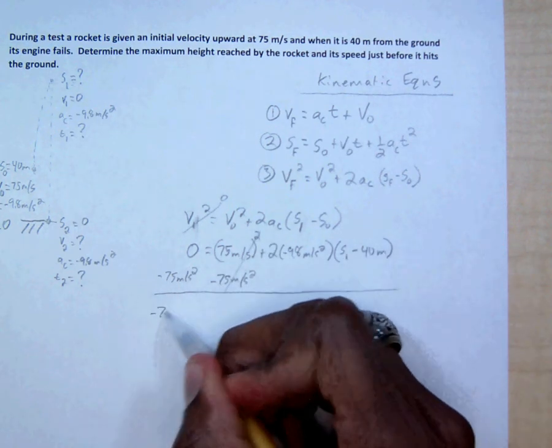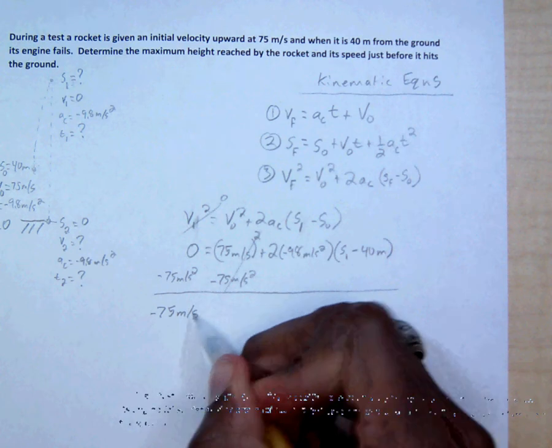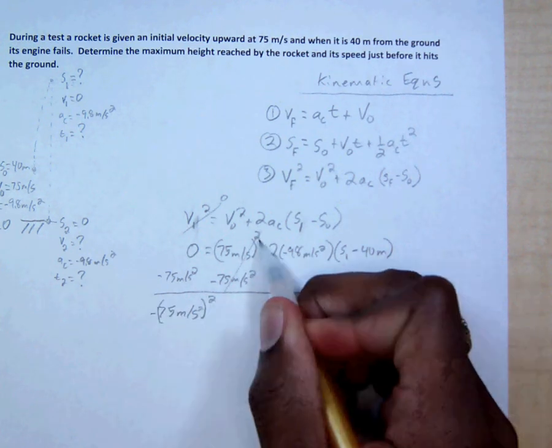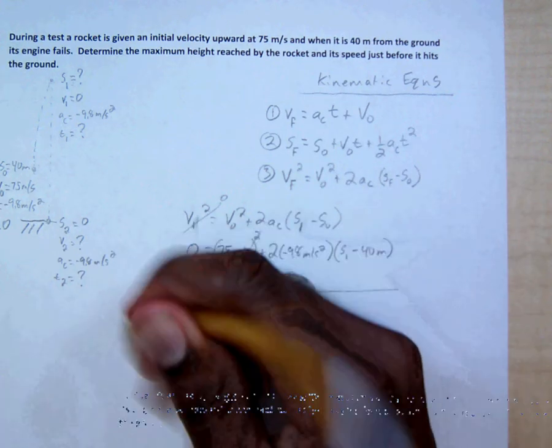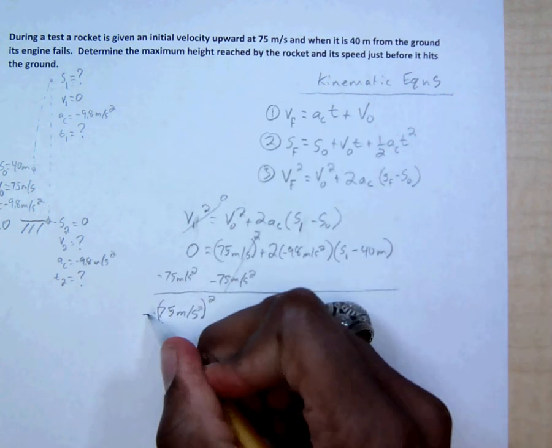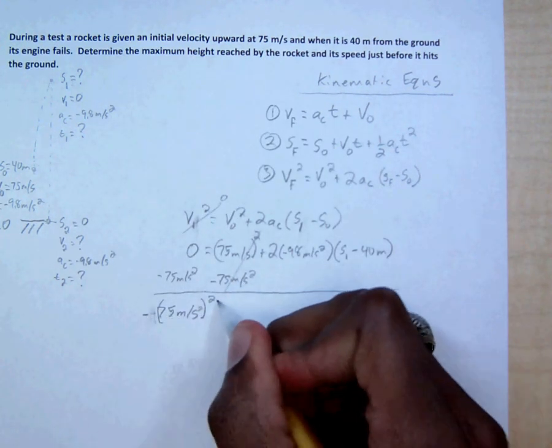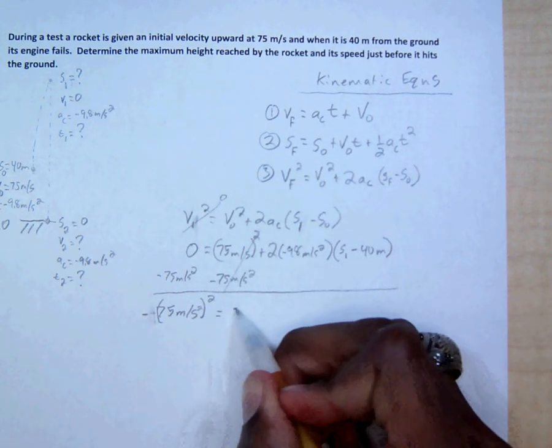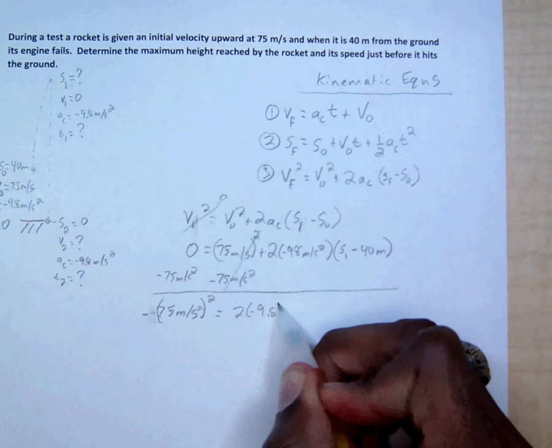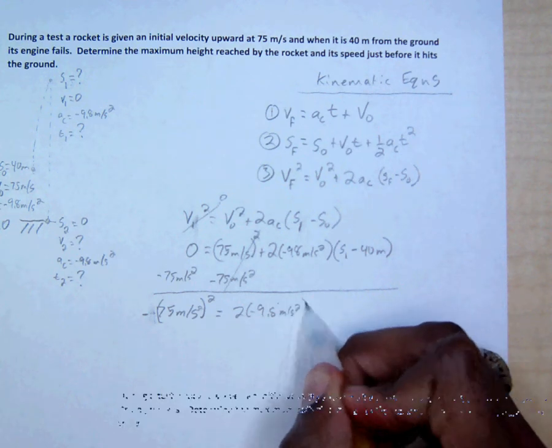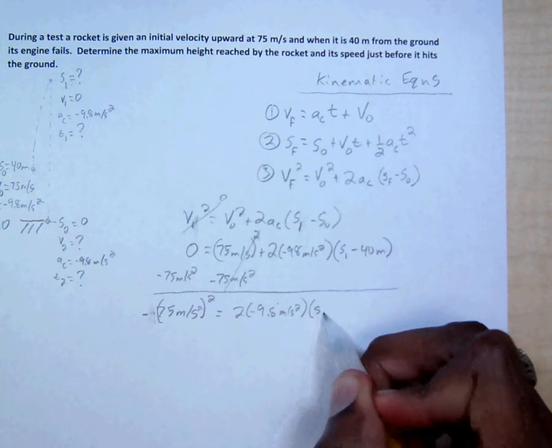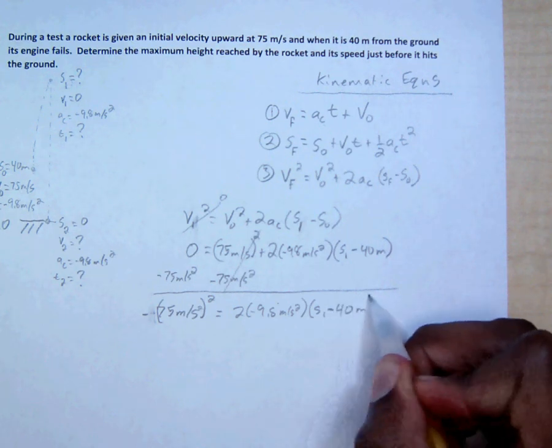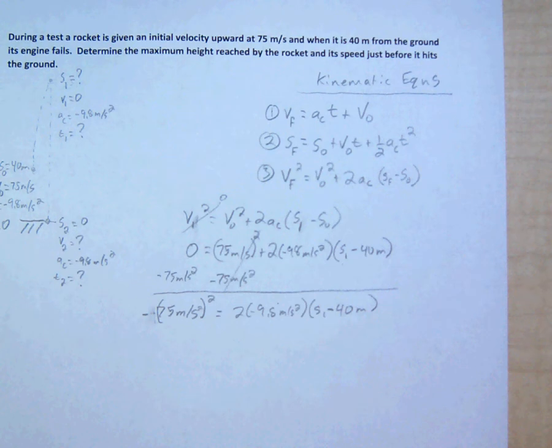Now I have negative 75 meters per second squared. Of course, that is a square term. So I subtracted 75 meters per second squared. What I have left equals 2 times negative 9.8 meters per second squared times the position at point 1, minus 40 meters.